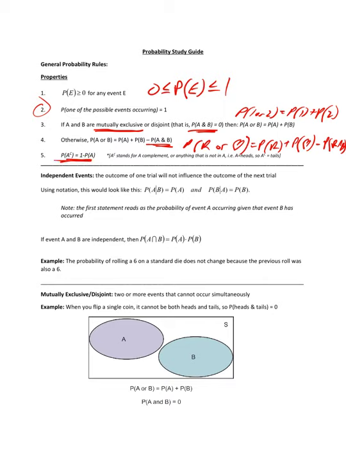Finally, complements. Complements is the idea that you break up the sample space, all the possible options, into two groups. Where complements come in especially handy is a scenario like flipping a coin 20 times: what's the probability that you get at least 3 tails?